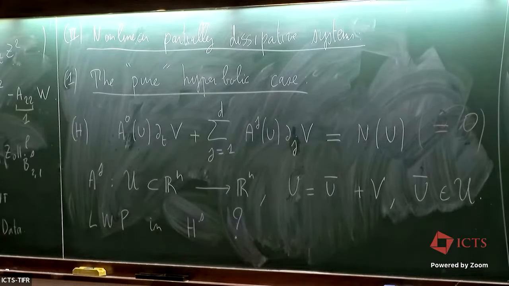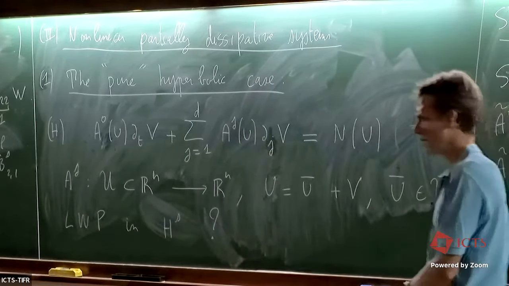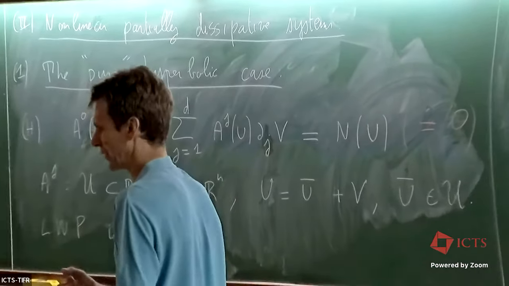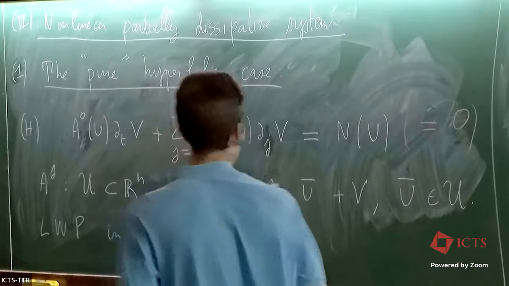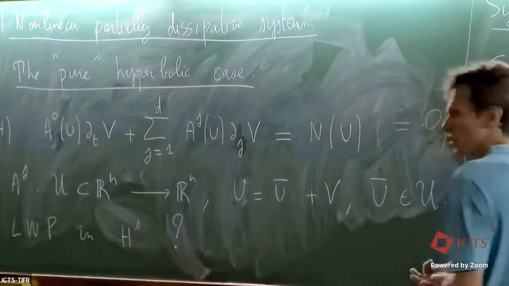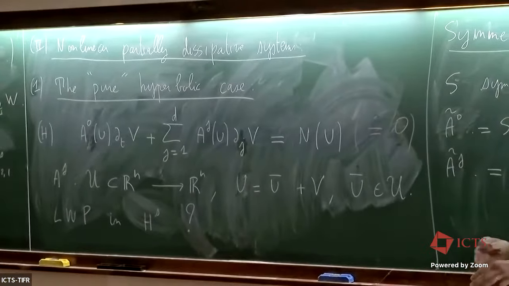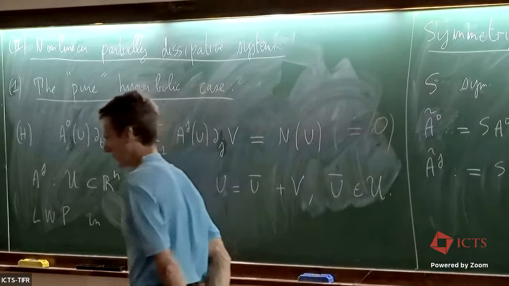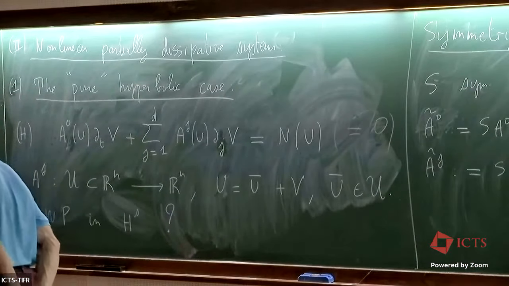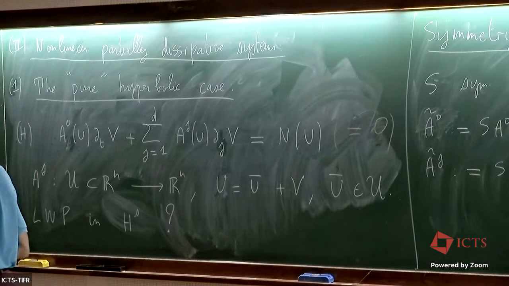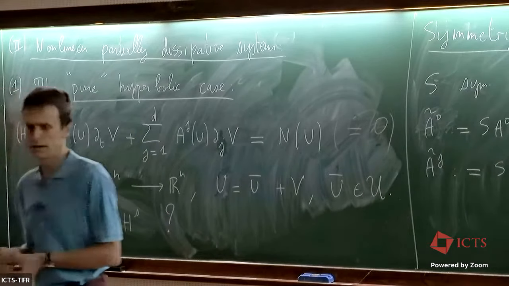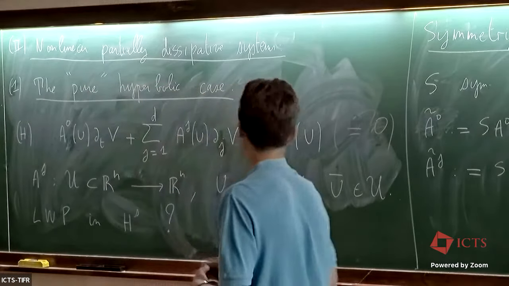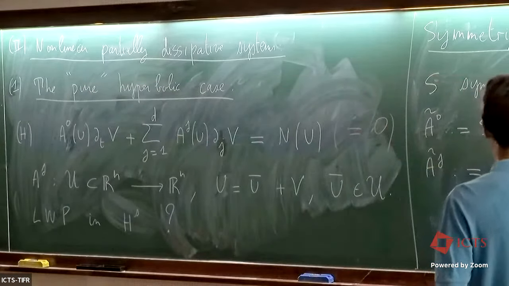A difficult issue that occupied many people in the 70s and 80s was to construct symmetrizers for different classes of systems. For example, Euler equations, as I wrote them two days ago, are not symmetric. If you want to do something with them, you have to symmetrize them by multiplying on the left by a suitable matrix.